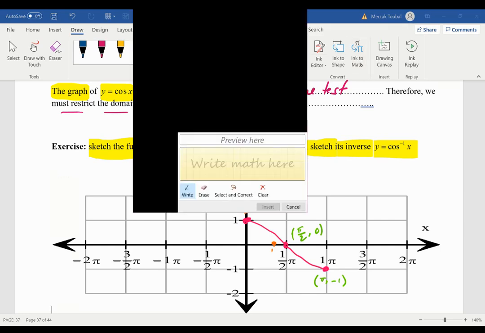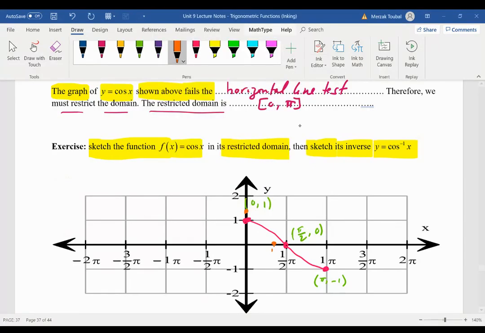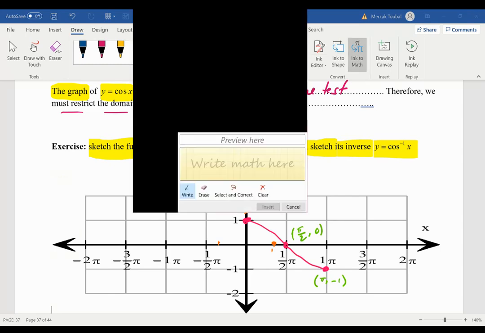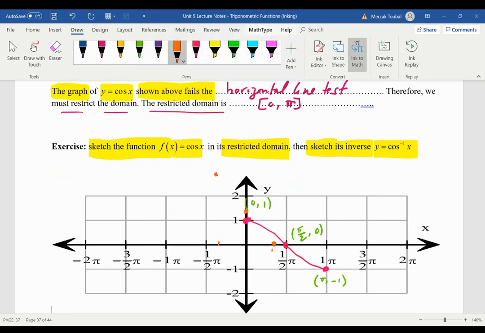So -1 comma pi is somewhere there approximately, because this is 1, 2, 3, 3.14.